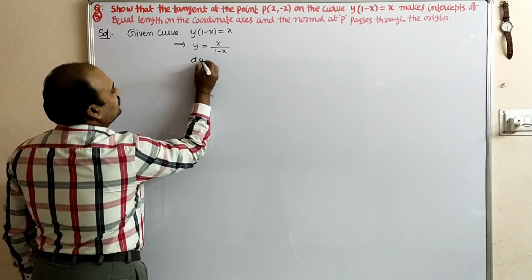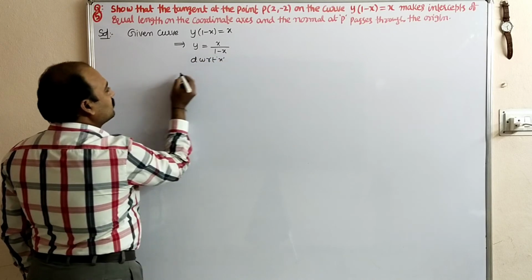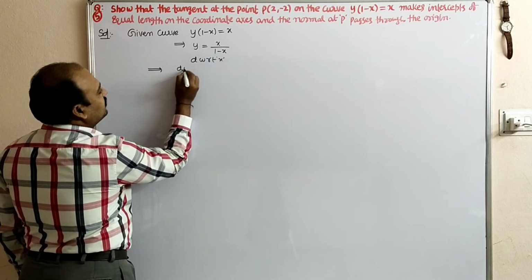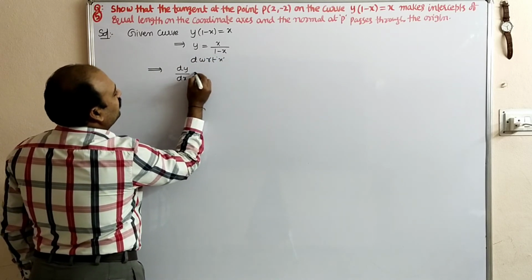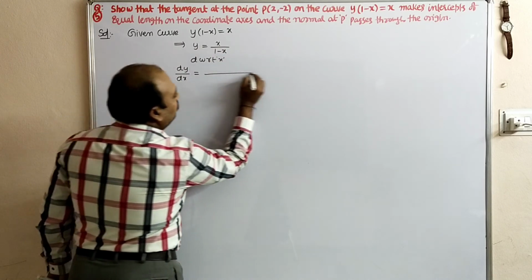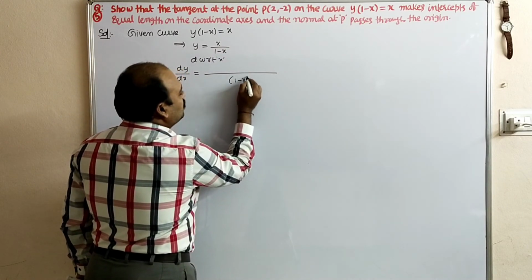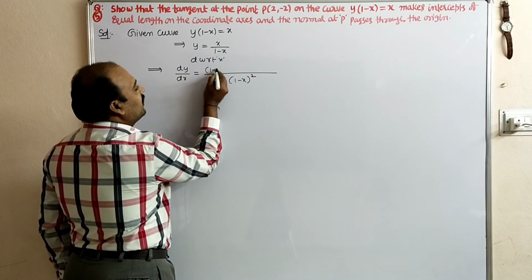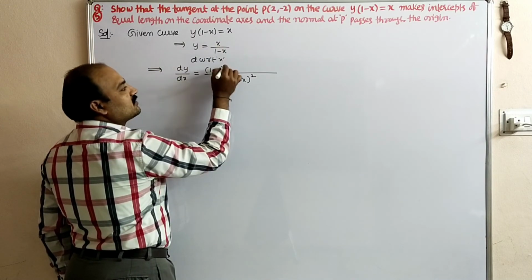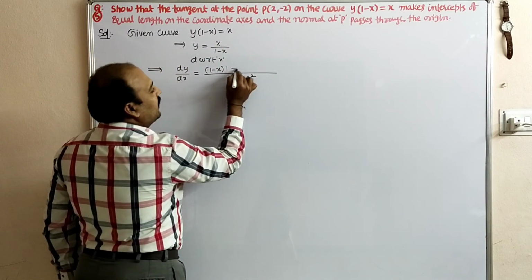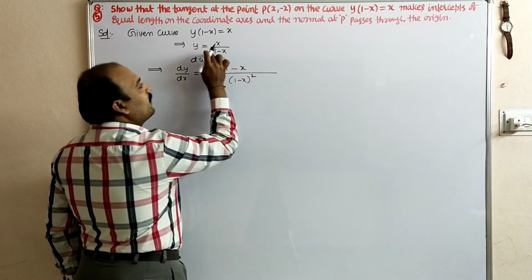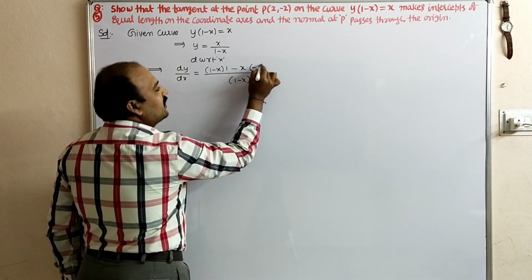Differentiate with respect to x. So dy by dx is given by the u by v formula: 1 minus x whole square in the denominator, v into d by dx of x, which is 1 minus x into 1, minus x into d by dx of 1 minus x, which is minus 1.